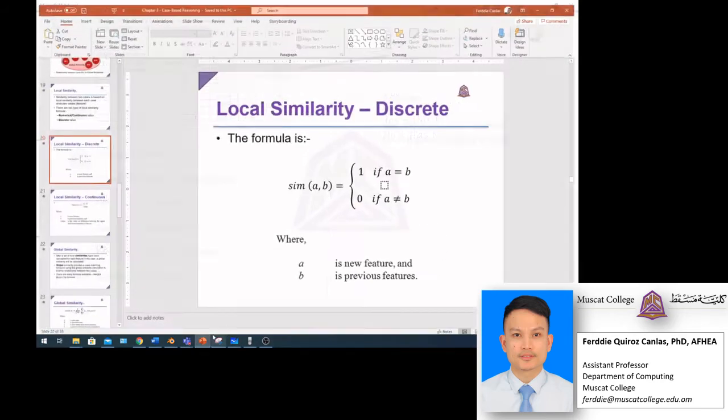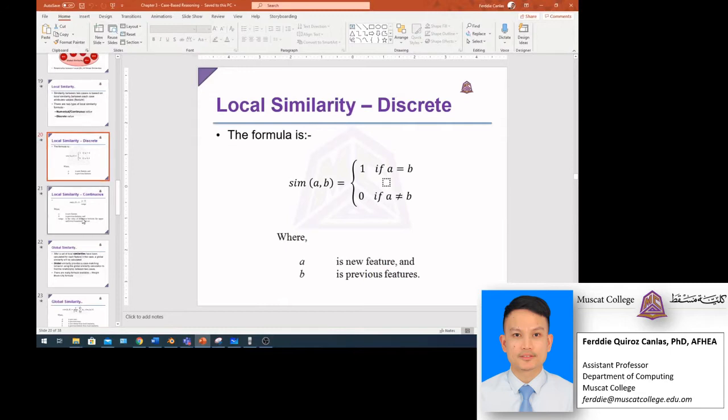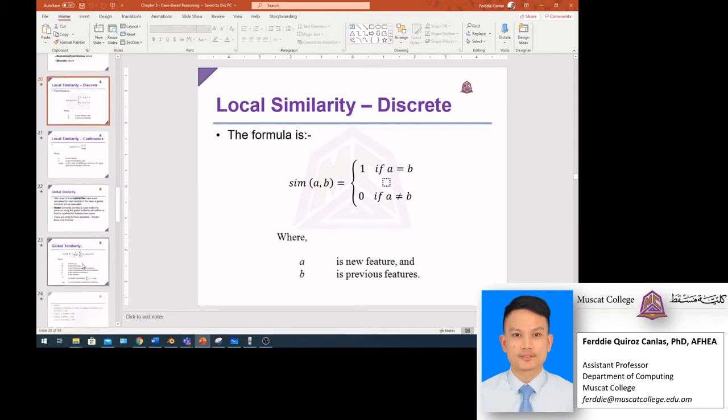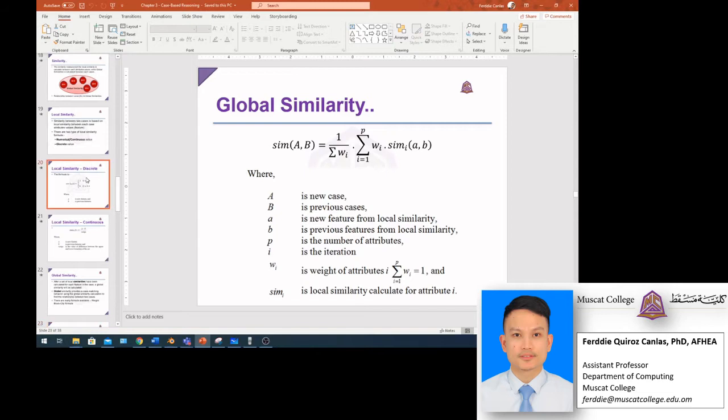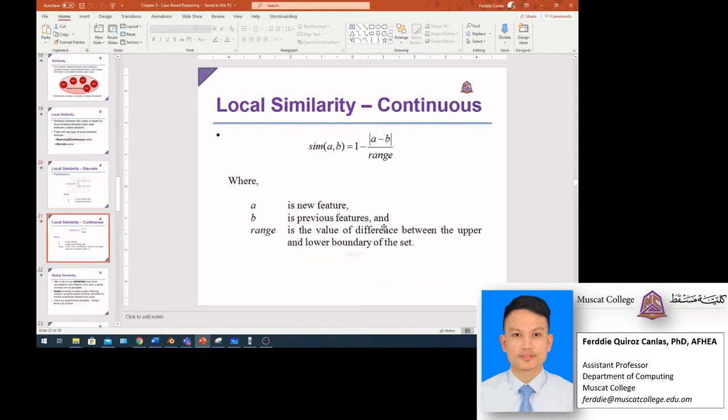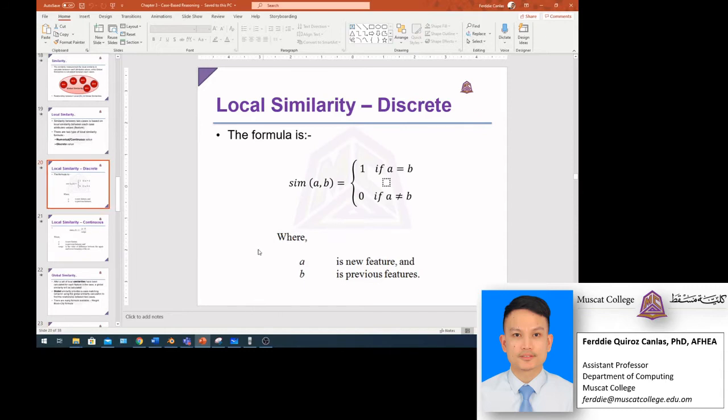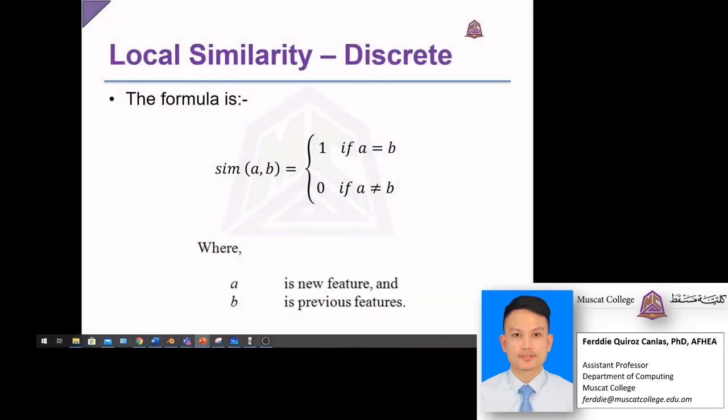So let's go back to the PowerPoints that we used last time. We have two formulas for the calculation of the similarity. We have one for discrete and one for continuous, right? So we have to copy these formulas because we're going to use them in the example. So let me just run it and do a print screen, escape.